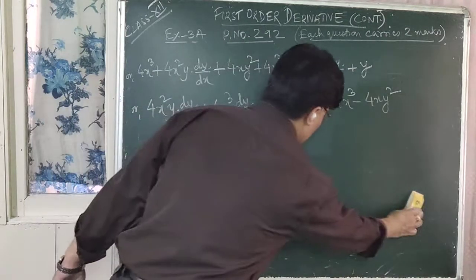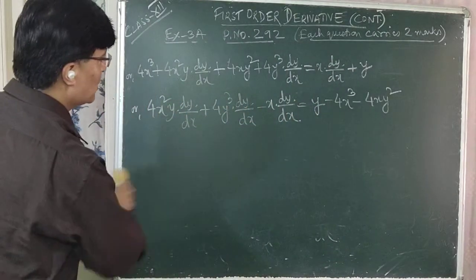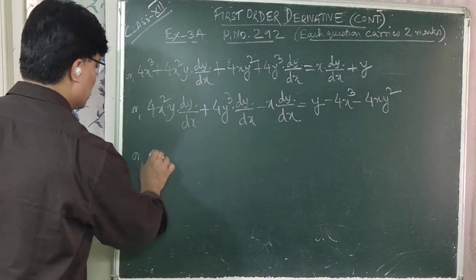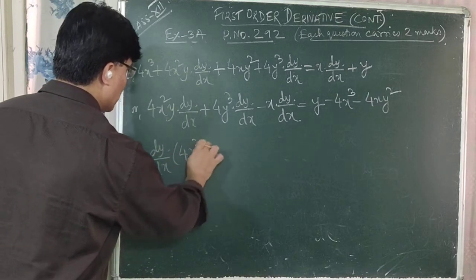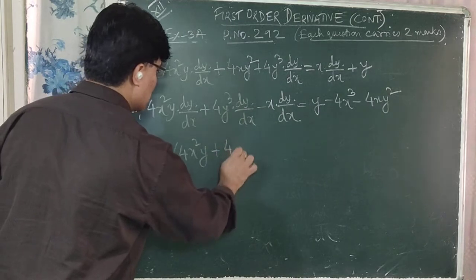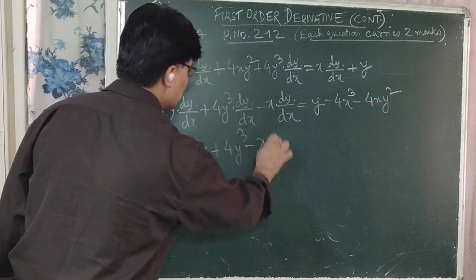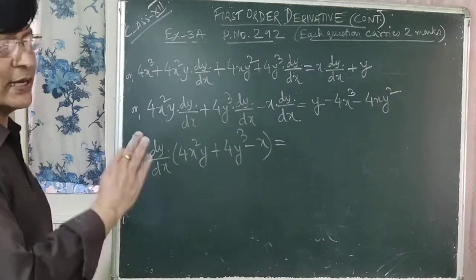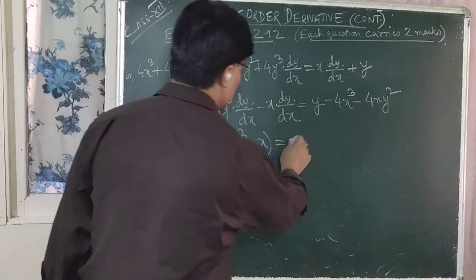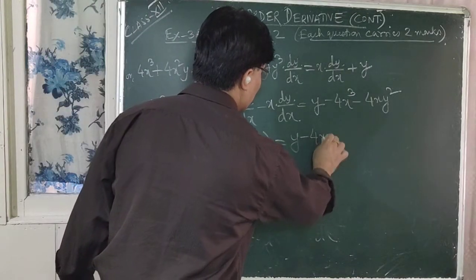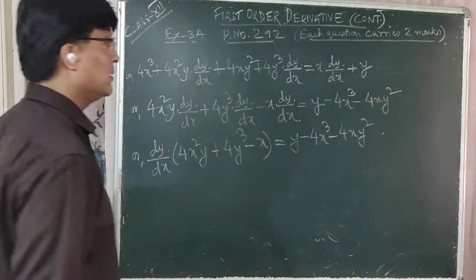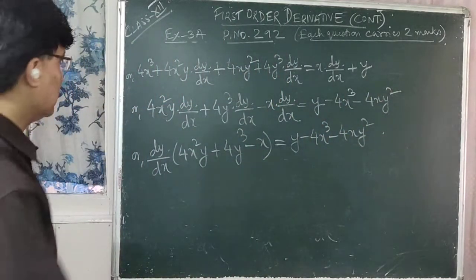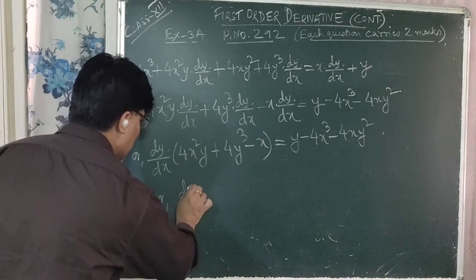Okay? So now, what is common here? It is dy by dx that is taken common. So within bracket, what do we get? 4x square y plus 4y cube minus x. And the right hand side, keep it as it is. That is y minus 4x cube minus 4xy square. So this is your right hand side. So what is the value for dy by dx now?